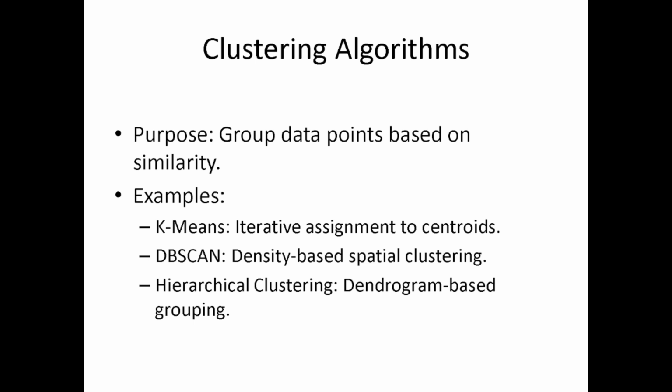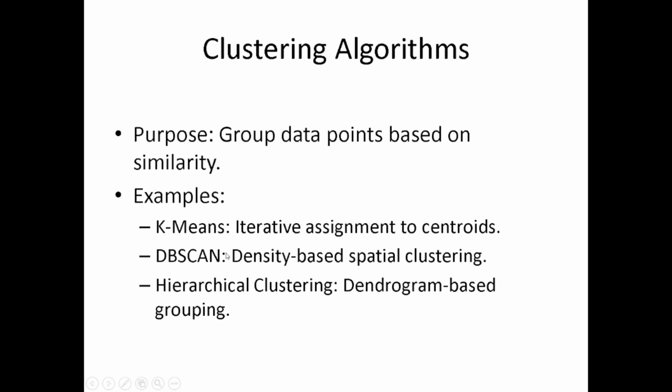Clustering algorithms. The purpose of clustering algorithms is to group data points based on similarities. So they group similar data points together. For example, the k-means clustering algorithm identifies clusters by iteratively assigning points to the nearest centroids. So its short definition is iterative assignment to centroids.